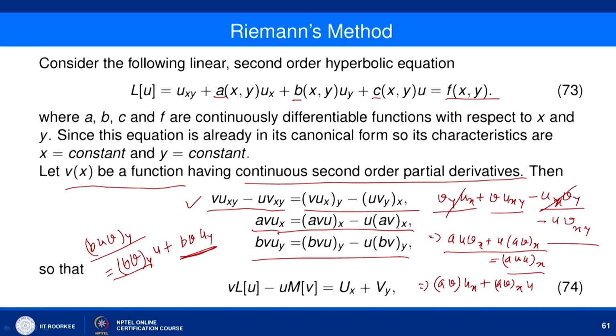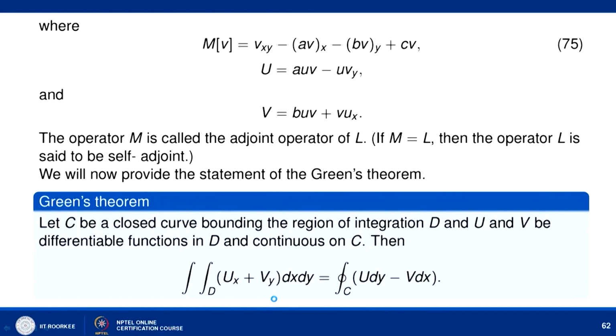So the idea is that we can write v Lu minus u Mv equal to U_x plus V_y, we just arrange it. Now what are M, U and V, let us see. M v is v_xy minus (a v)_x minus (b v)_y plus c v, and here U is equal to a u v minus u v_y and V is b u v plus v u_x. Here M is an operator defined in terms of v, and this is known as the adjoint operator of L. Let us again see how it is done.